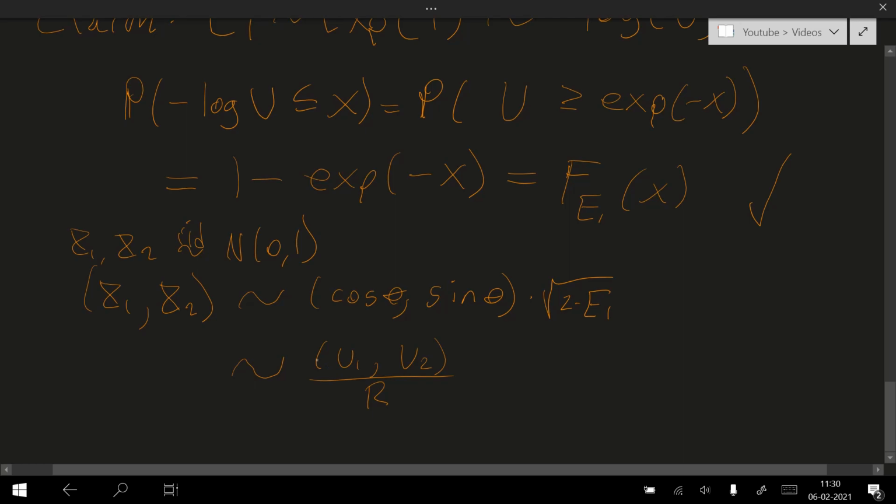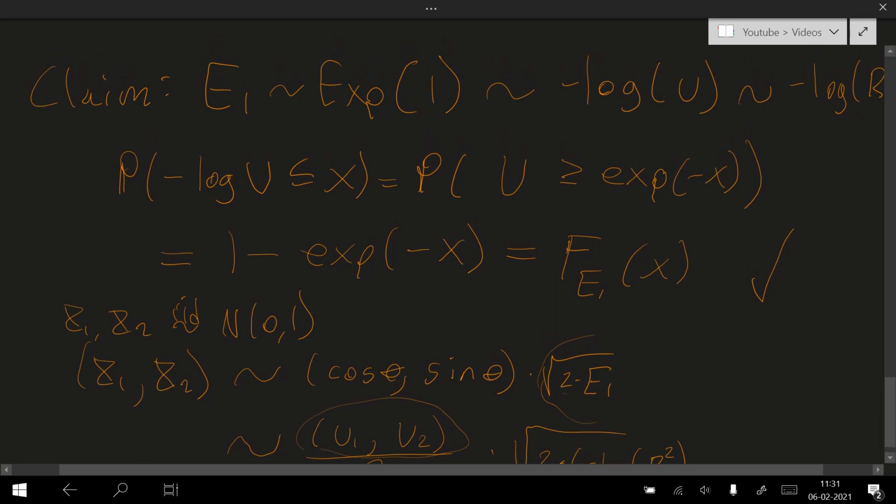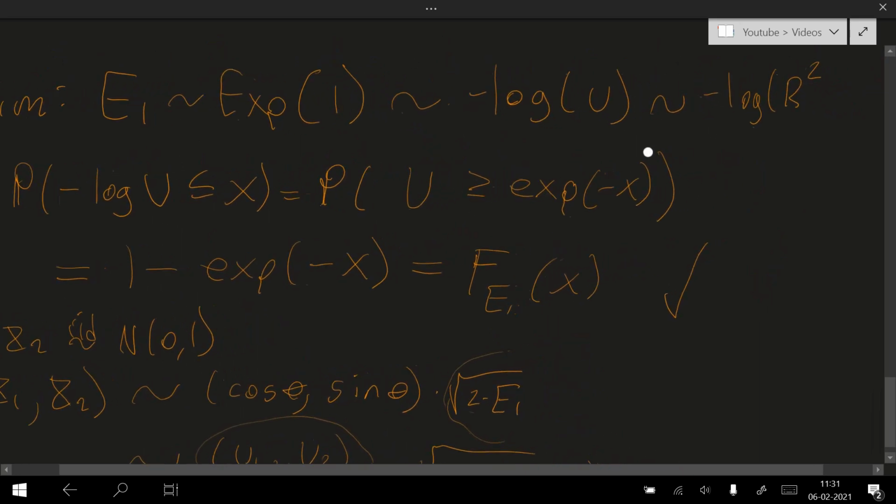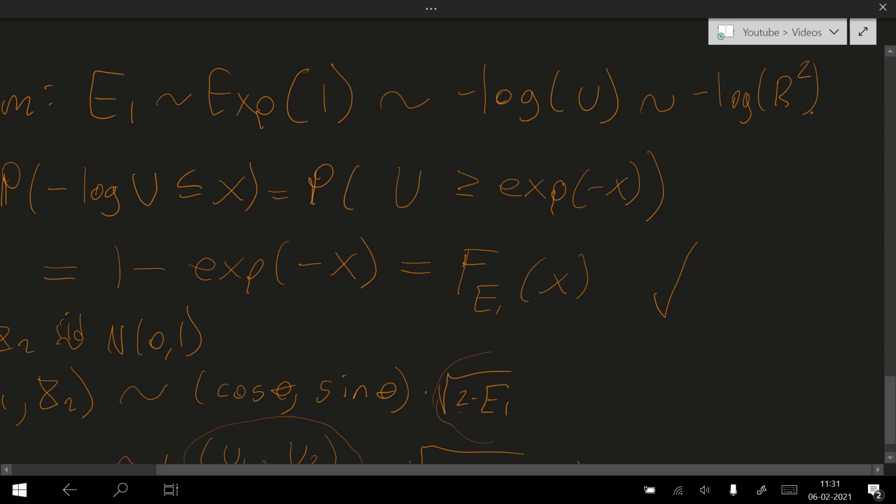We originally wrote that this pair was equal to r times this pair, so we can just drag r over to this side. And we just proved that this factor has the same distribution as square root 2 multiplied by minus the logarithm of r squared. That's what we just did up here, because r squared was uniformly distributed.